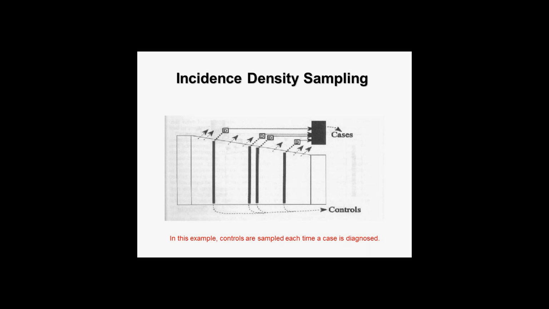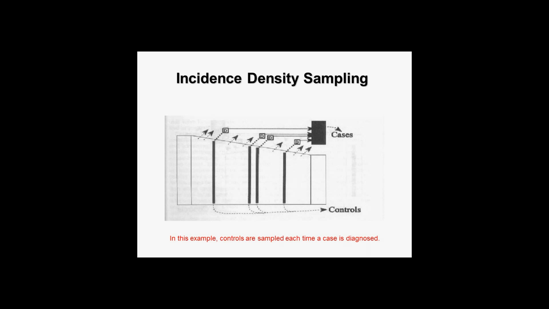Remember I also told you that with case control studies, you can't estimate incidence because we don't have the full denominator. Well, what happens when you use a cohort? You have the full denominator. By doing the incidence density sampling, what can you do? You can actually estimate the incidence density, or the incidence rate, of your disease, because you can ensure that the controls are under observation at least as long as your cases.